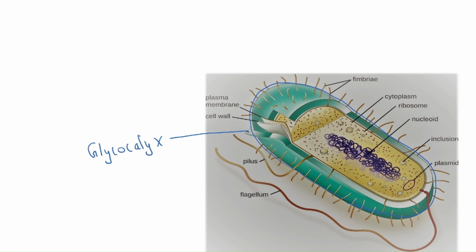It shields the cell membrane, and it also helps in cell adhesion. This glycocalyx layer can exist in two forms. First is the capsule, and another is the slime layer.